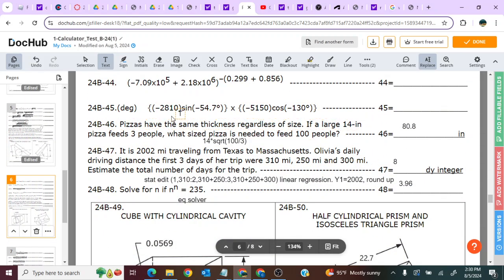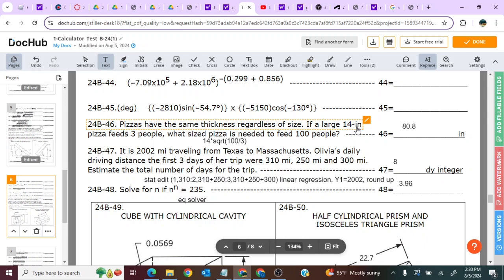46, this is a scale problem. Pizzas have the same thickness regardless of size. If a 14-inch pizza feeds 3 people, what size pizza feeds 100 people? Well, since its thickness is the same, the volume is only based on the radius or diameter squared, which is what this represents.